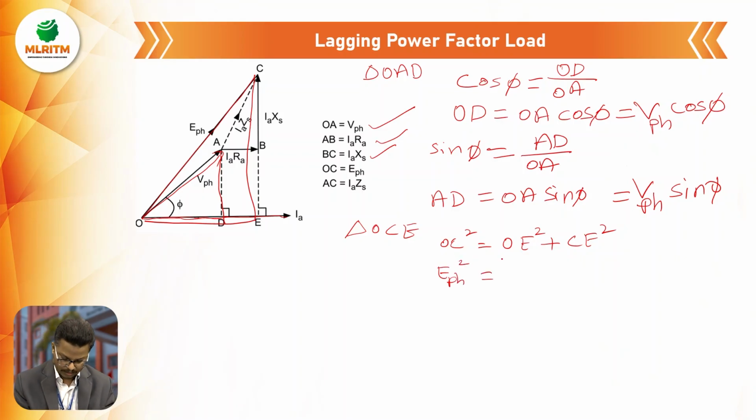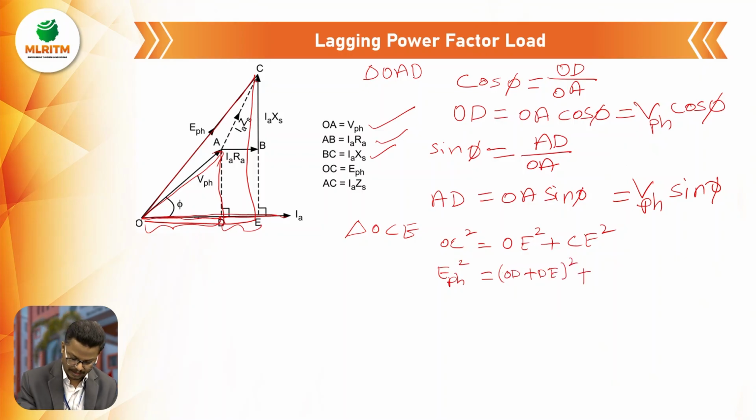Now this OE line can be written as OD plus DE. In the OE line, OD is one part and DE is the other part. So we can write (OD plus DE) whole square plus.